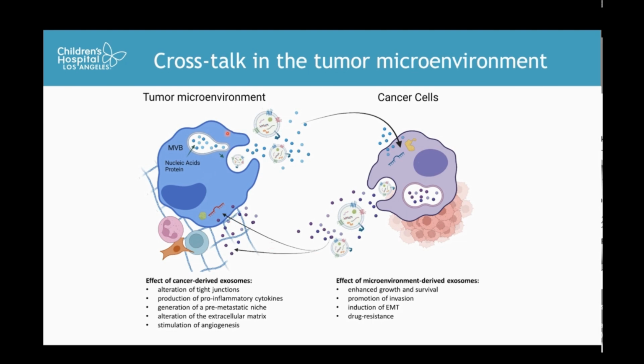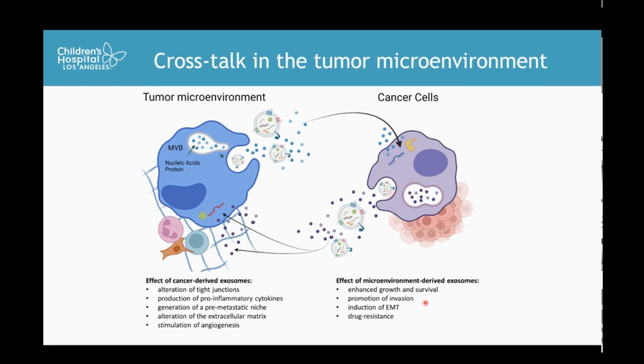They can then release their own EVs that can also be altered and influence the cancer cell behavior themselves. So microenvironment-derived exosomes, for example, when produced by educated cells of the microenvironment, can enhance growth and survival. They may induce invasion or epithelium-mesenchymal transition, and overall induce drug resistance.